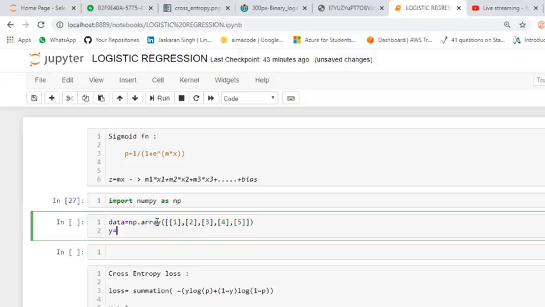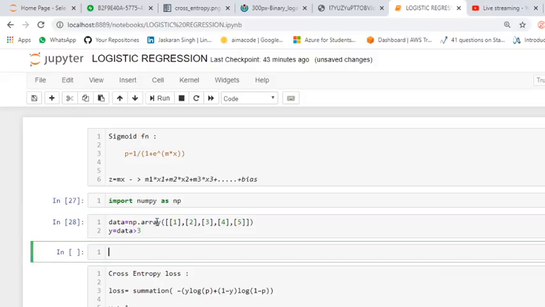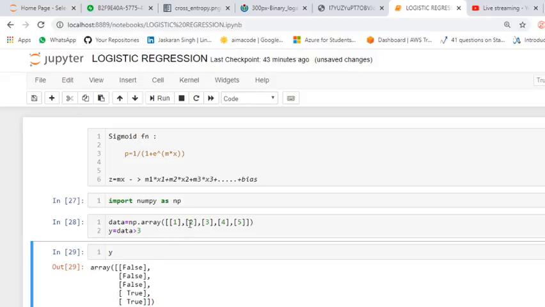Let's classify this data as whether the data is greater than 3 or not. False, false, false, true, true. So that means that 4 and 5 are classified as true because they are greater than 3. Let's just plot the data.